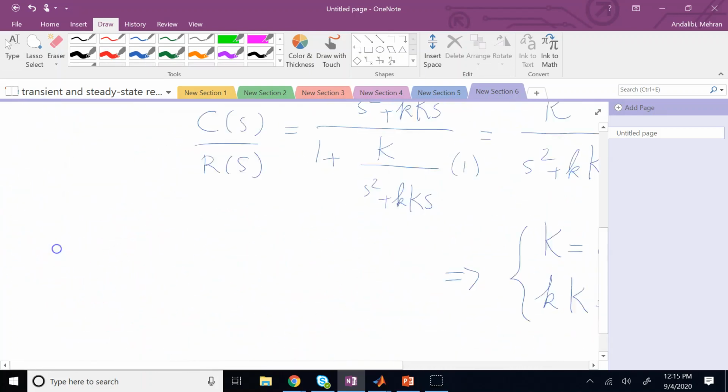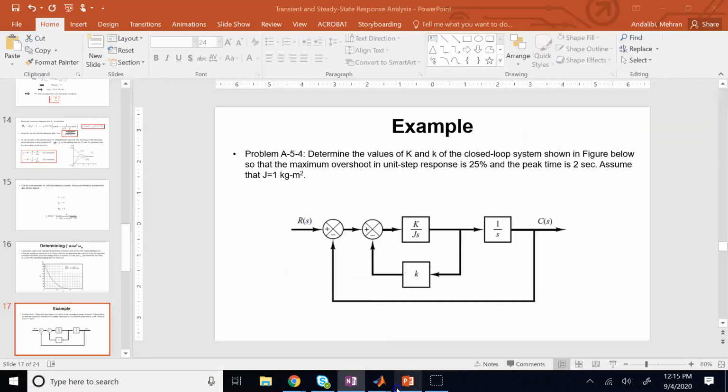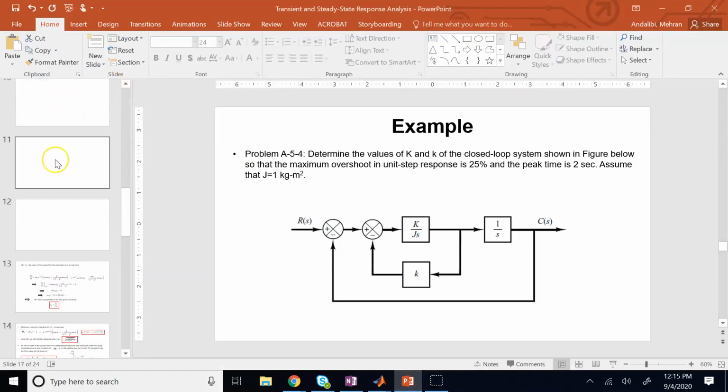So MP is 25%, which means in decimals it is 0.25. This is equal to e to the negative pi zeta divided by square root of 1 minus zeta squared, right? As we learned here.